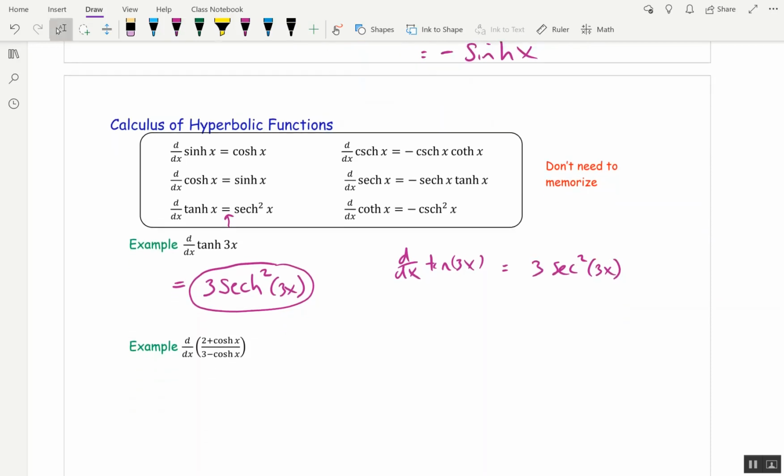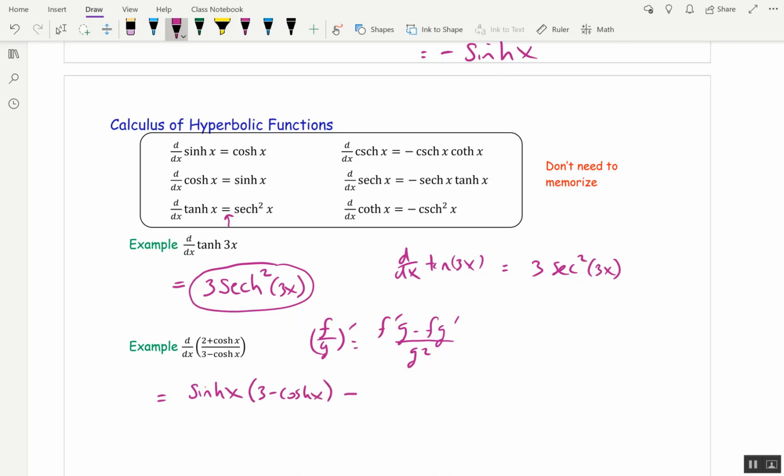Okay, another one. This is going to require the quotient rule. So f over g prime is f prime g minus f g prime over g squared. So here we go. Derivative of the top. Derivative of 2 is 0. The derivative of cosh is sinh. So I multiply by, that's f prime, and I multiply by g, 3 minus cosh x.